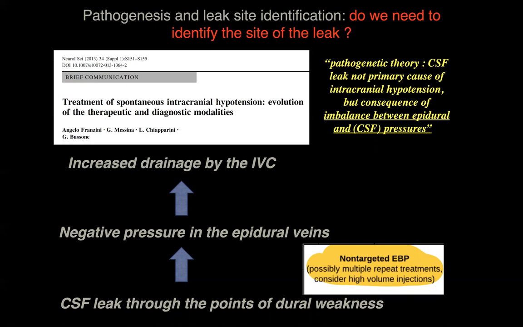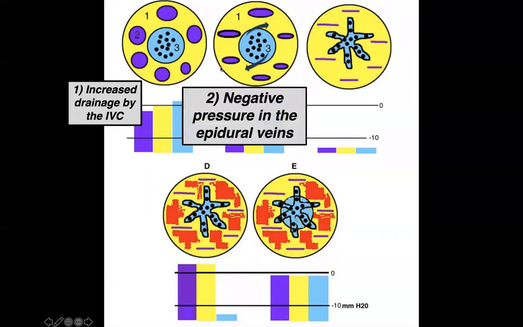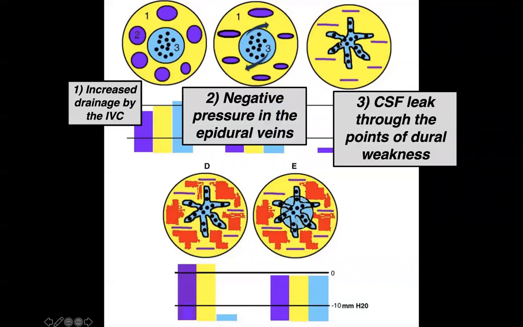I will show you basically this mechanism. So this is the normal epidural vein, epidural fat, and CSF, okay? Increased drainage by the inferior vena cava, and you have negative pressure in the epidural veins that are collapsed, and then the CSF follows.